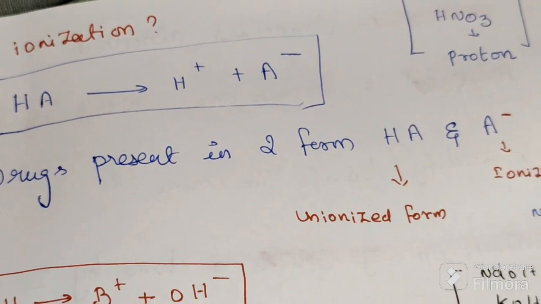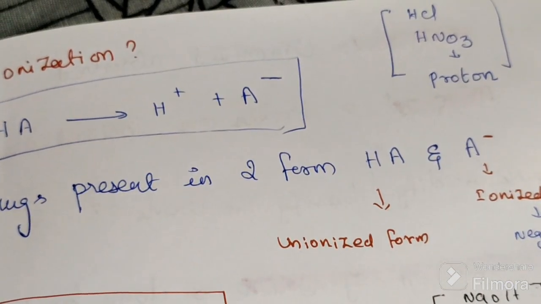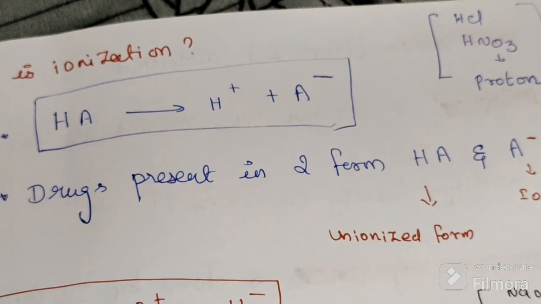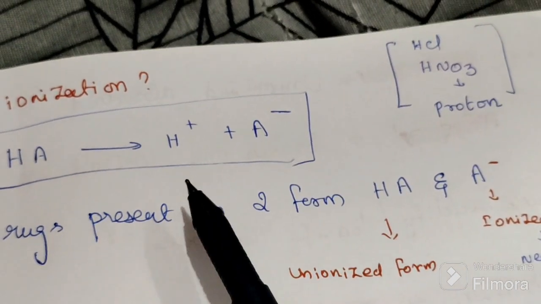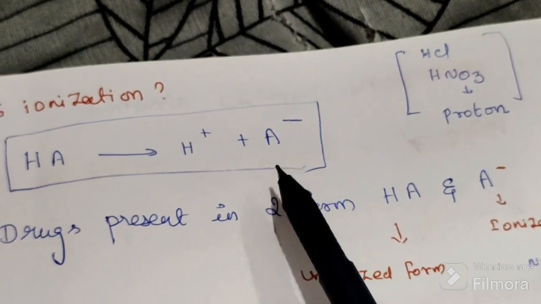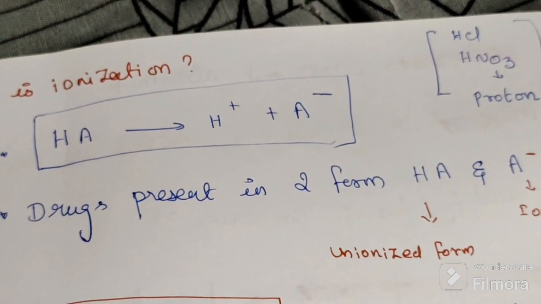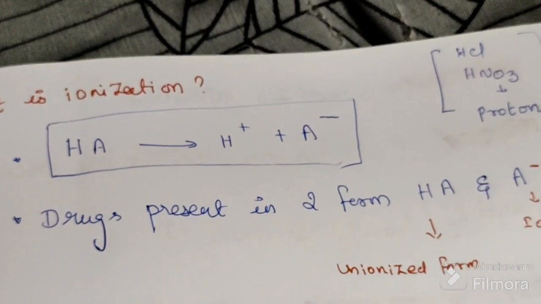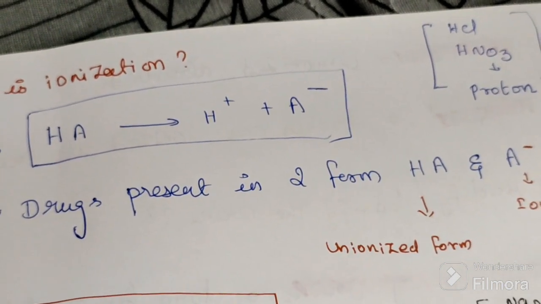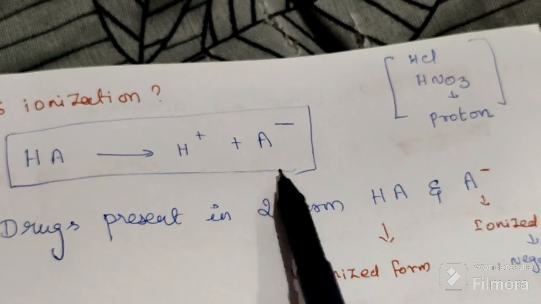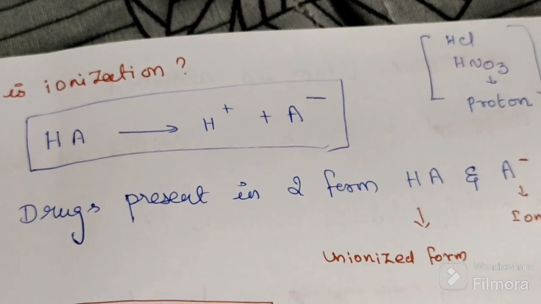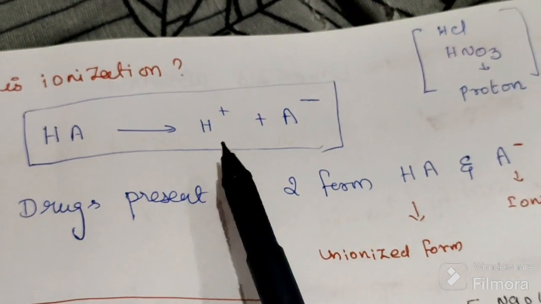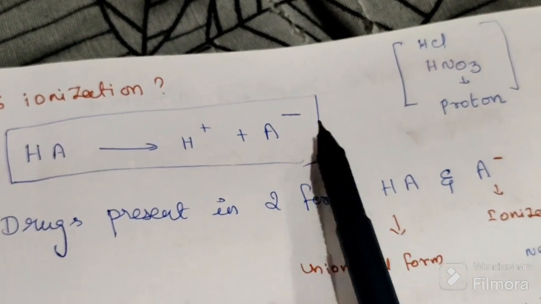All acids have protons, that is H. So it splits into ions: H plus, positive, and A minus, negative. So where is the drug here? A is our drug, and H is the proton. HA will split into H plus and A minus.